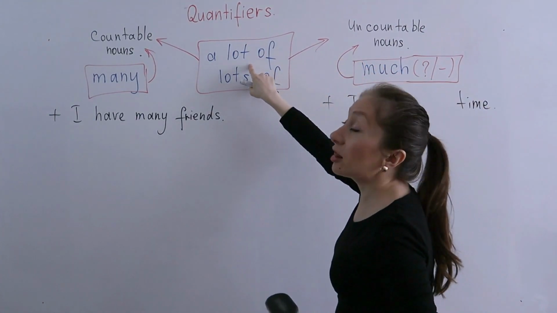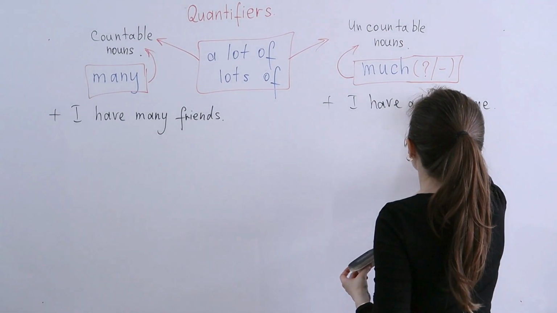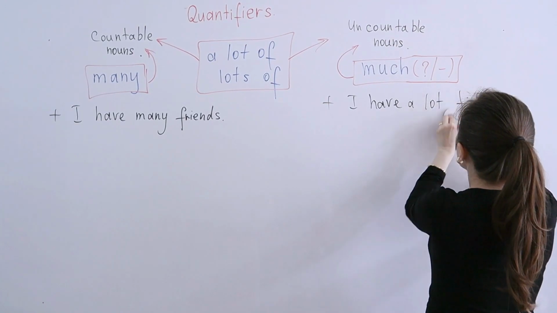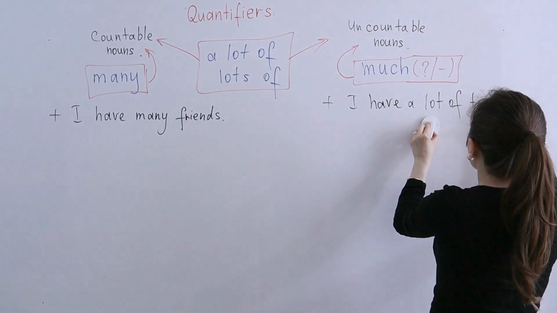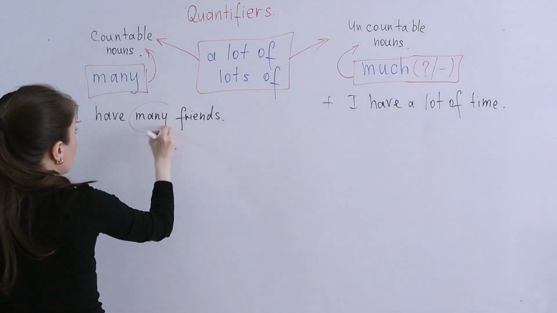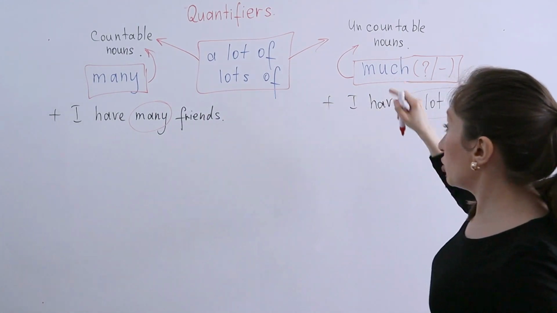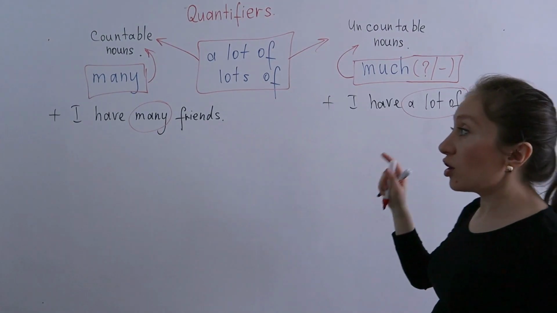We will use a lot of or lots of. I have a lot of time. I have a lot of time, right? So here we used many, here a lot of. Why a lot of, not much? Because it's a positive sentence, right?